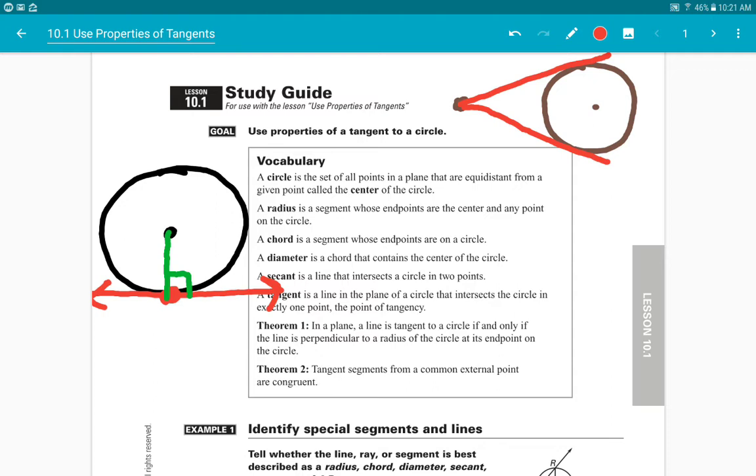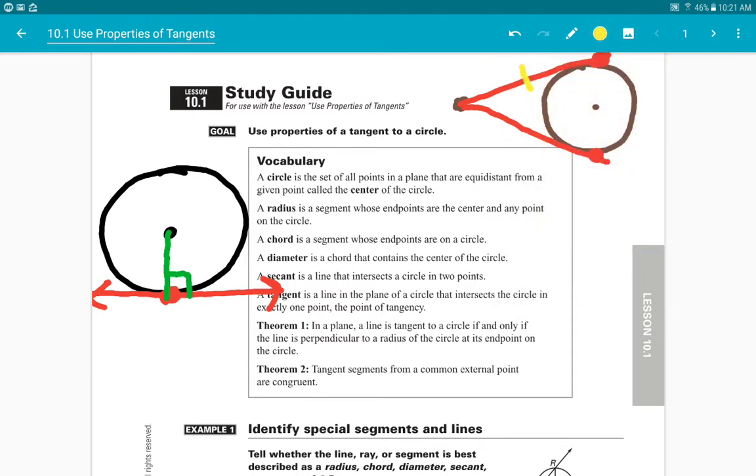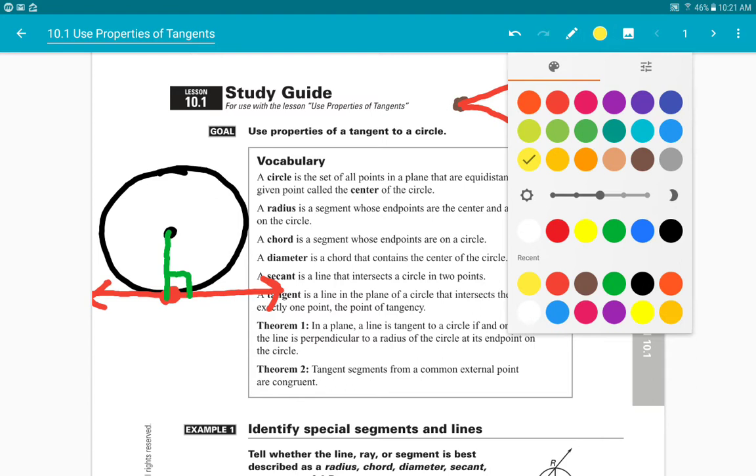Then, or tangent segments, so let's make this a segment itself. Then what it's saying is that this segment is going to be congruent to this segment. So that's the second theorem. The first theorem is the idea that all tangents are going to be perpendicular to the radius, and the second theorem is that those two are congruent.